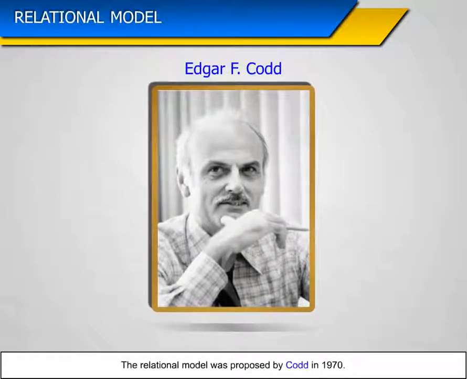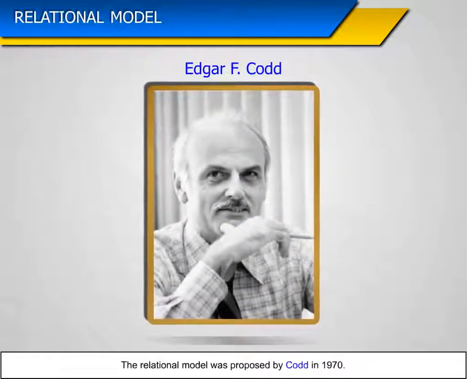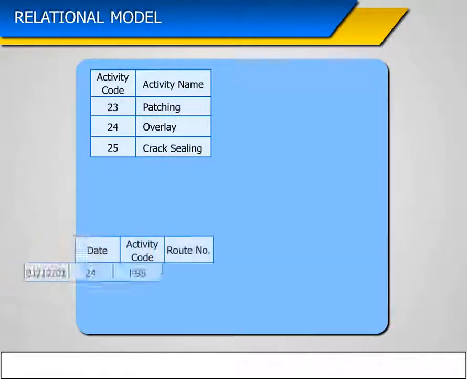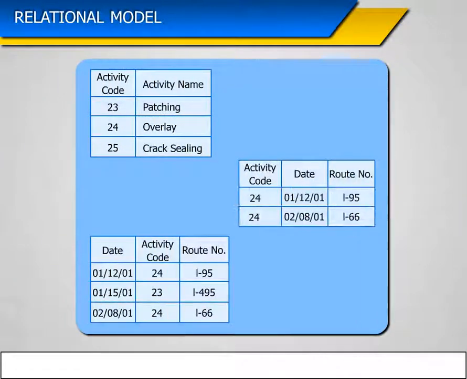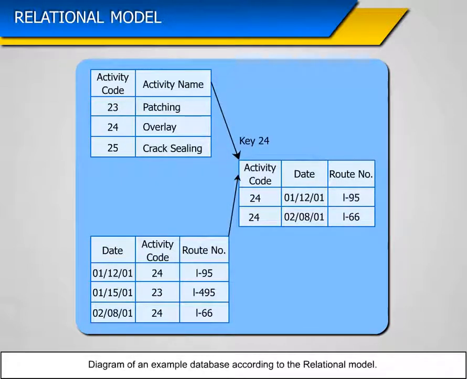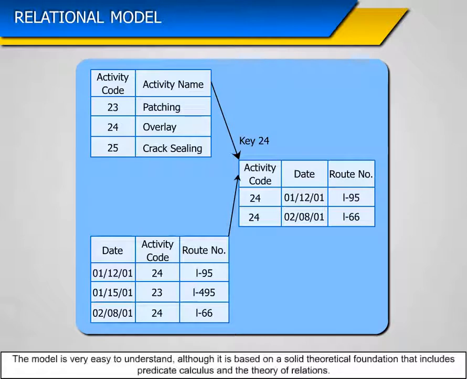Relational model. The relational model was proposed by Codd in 1970. Diagram of an example database according to the relational model. The model is very easy to understand, although it is based on a solid theoretical foundation that includes predicate calculus and theory of relations.